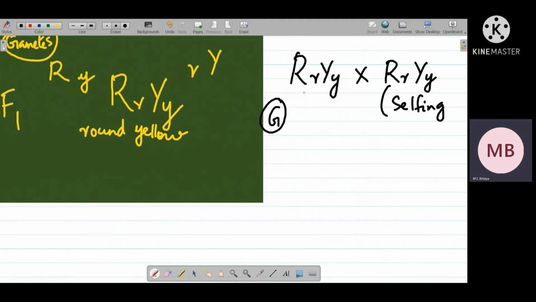So while gamete formation, we get different combinations that can be written on one axis of Punnett square.